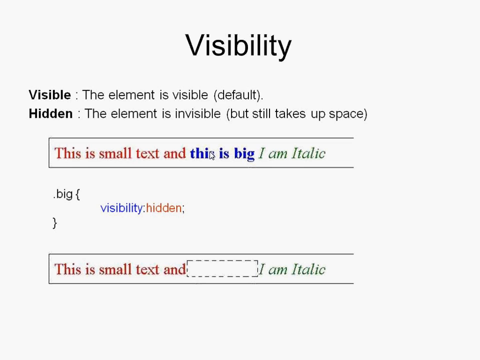If I have the property visibility hidden, most people get confused between display none and visibility hidden. When you say display none, your element is not there in that 2D plane. When you say visibility hidden, it's not visible to you, but the space is still occupied.